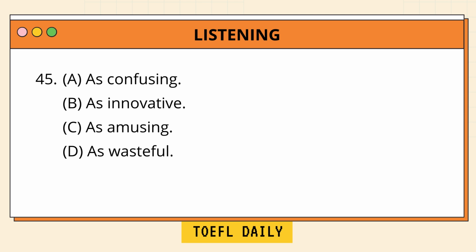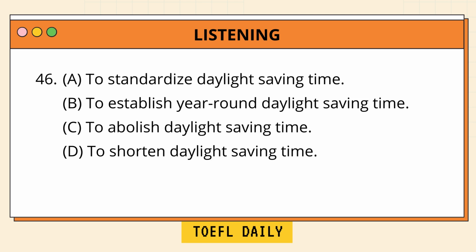According to the speaker, how would most people probably have characterized Benjamin Franklin's plan for daylight saving time when it was first proposed? Number 46. According to the speaker, what was the effect of the Uniform Time Act of 1966?